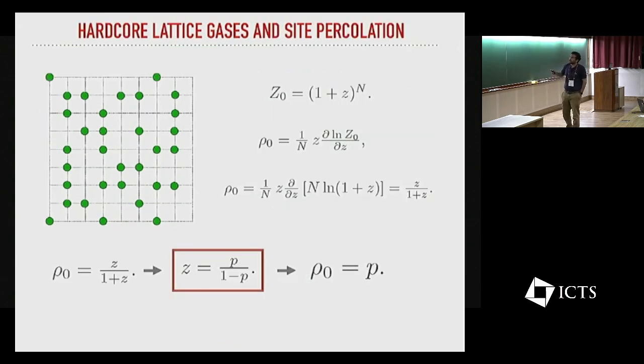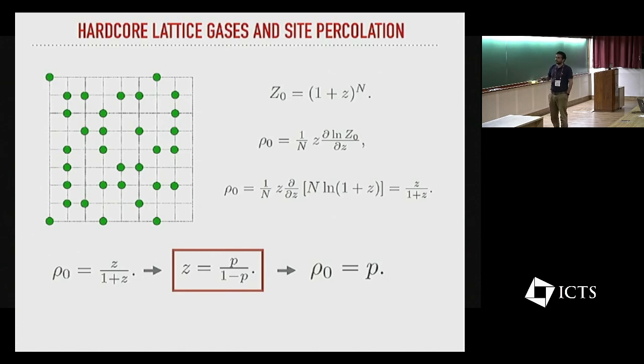But how is this connected to site percolation? Well, you can take this partition function and calculate the density, which is just the derivative of the free energy with respect to the fugacity. Once you do that for this very simple model, you get the density z divided by 1 plus z, which is a very simple smooth function that interpolates from 0 to 1 very nicely.